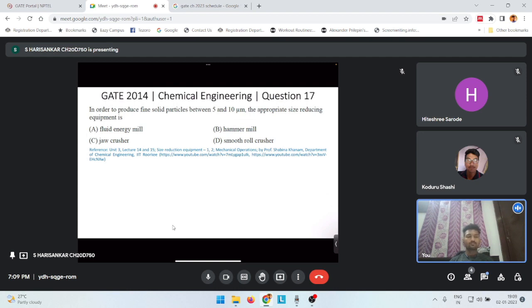This is a question from the size reduction part in mechanical operations, and the reference NPTEL lecture can be found in Unit 3, Lecture 14 and 15, Size Reduction Equipment 1 and 2, Mechanical Operations by Professor Shabina Khanam, Department of Chemical Engineering, IIT Roorkee.